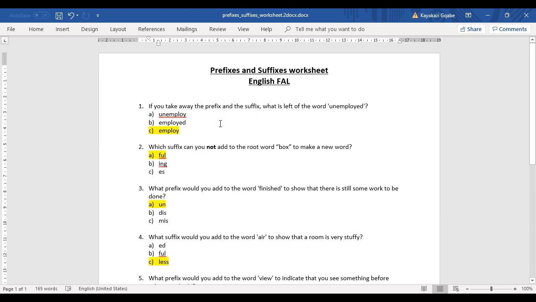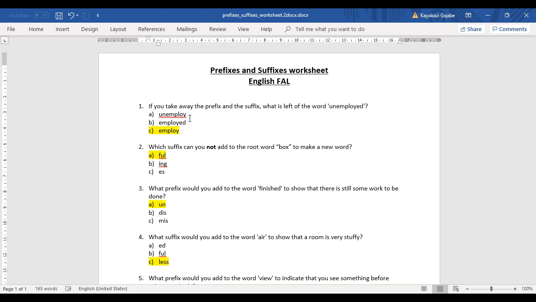Let's make an example for employ. Once you add a prefix, it changes to unemployed. You see that? So it's very similar to a question whereby you would be told to provide an antonym for employ.